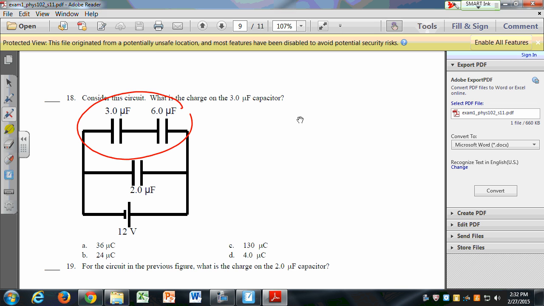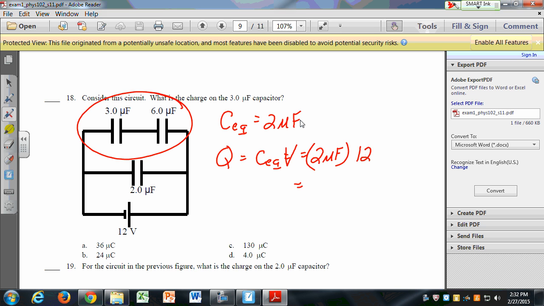So this is an equivalent. The equivalent capacitance is equal to 2 microfarads. And so the charge on that equivalent capacitance is C times V, 2 times 12. So that's going to be 24 microcoulombs.